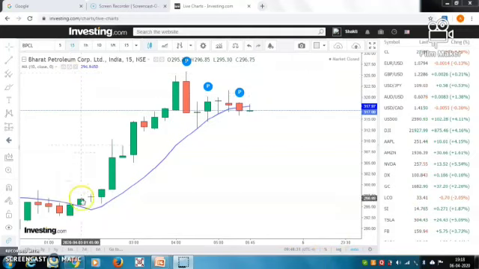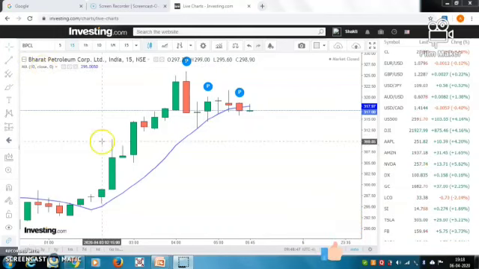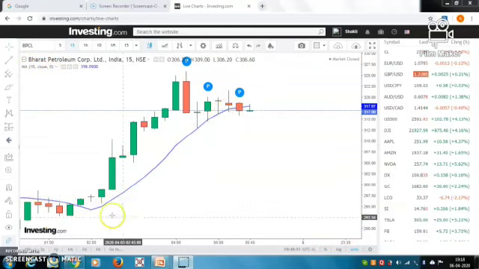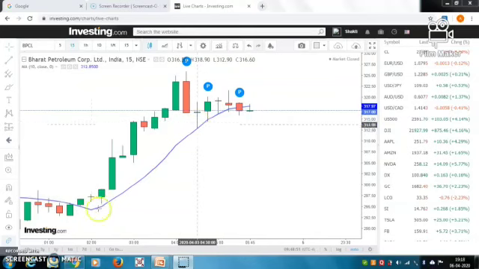This trick is going to be used on a 15-minute chart. Add the moving average indicator, a 10-day moving average on the closing price. Once you add this, you get this line, the 10-day moving average.